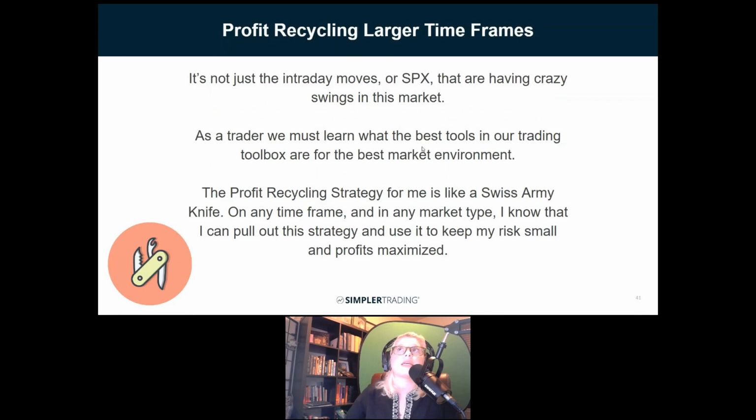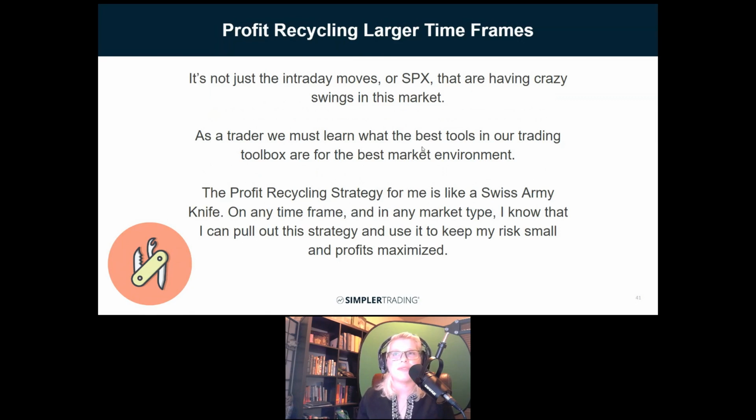So profit recycling on larger timeframes, like I mentioned, it's not just intraday moves or SPX that are having crazy swings in this market. And as a trader, we must learn what the best tools in our trading toolbox are for the best market environment, right? Not every strategy is necessarily going to fit every market environment. However, the profit recycling strategy for me, like I mentioned, is like a Swiss Army knife.